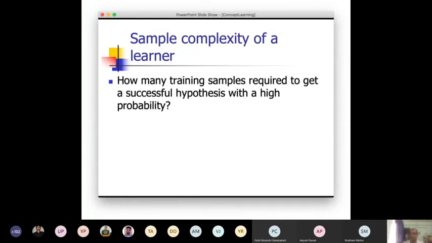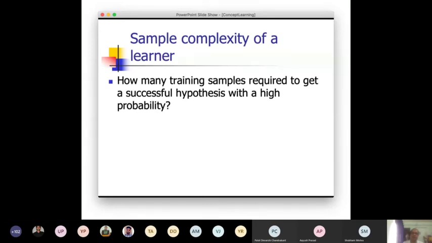Successful in the sense that it is bounded by a true error of epsilon. A successful hypothesis does not mean that it will be consistent throughout your input space. It will have some error, but the error would be small, bounded by some value epsilon, and with a high probability you should get it.